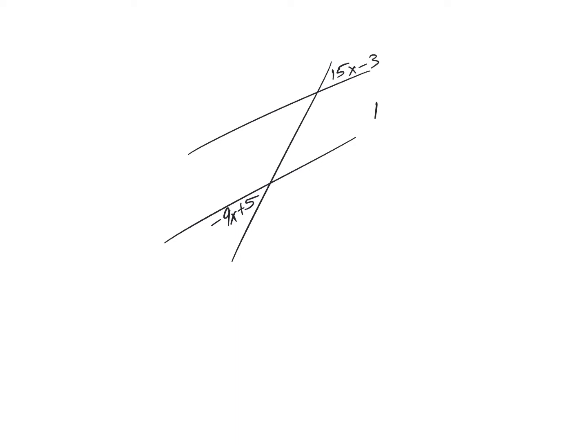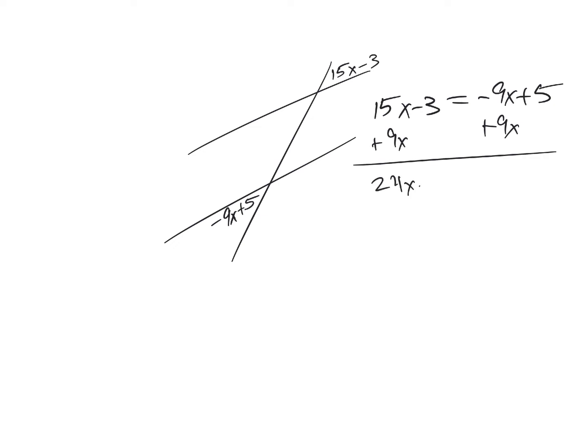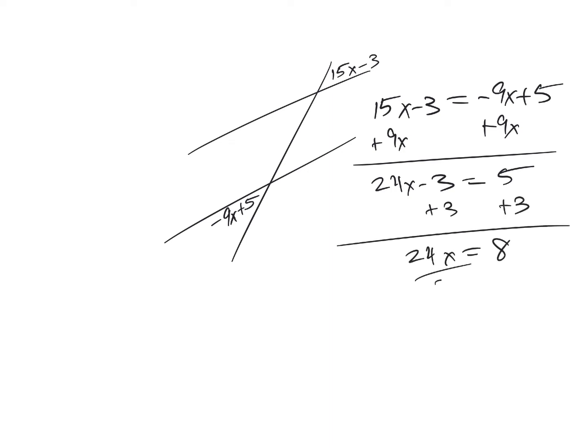So you should have set these equal. So 15x minus 3 is equal to negative 9x plus 5. Add 9x. That's 24x minus 3 equals 5. Add 3. 24x equals 8. Divide off the 24. And this is just algebra at this point. Hopefully you're good at your algebra.